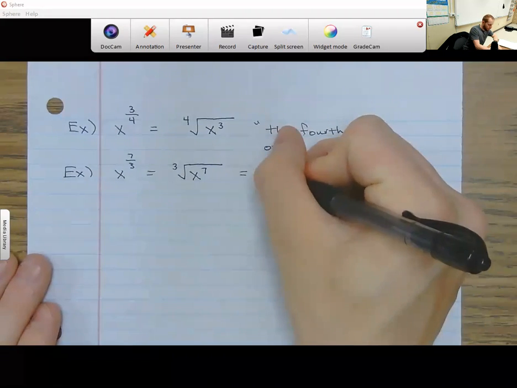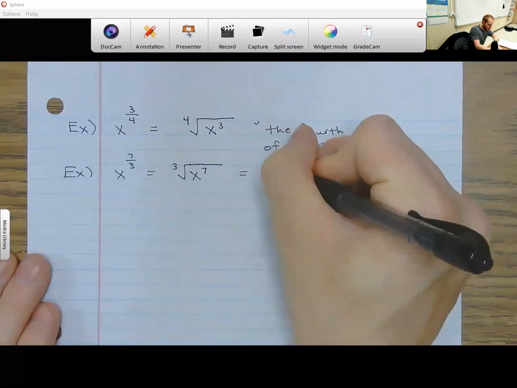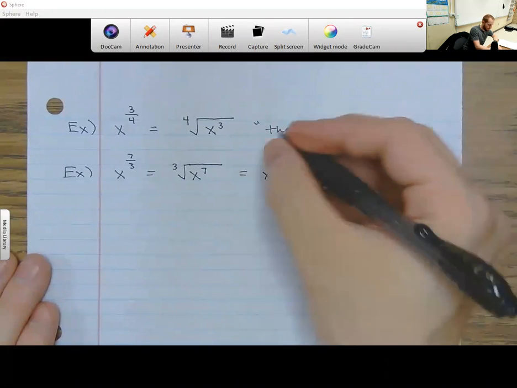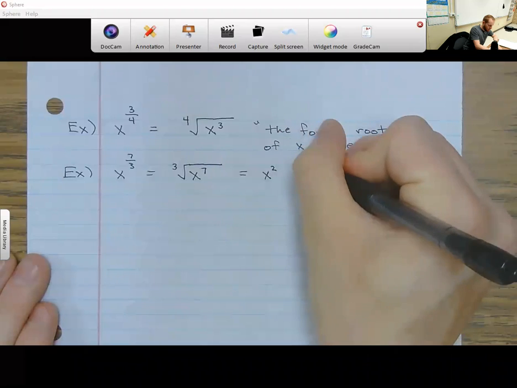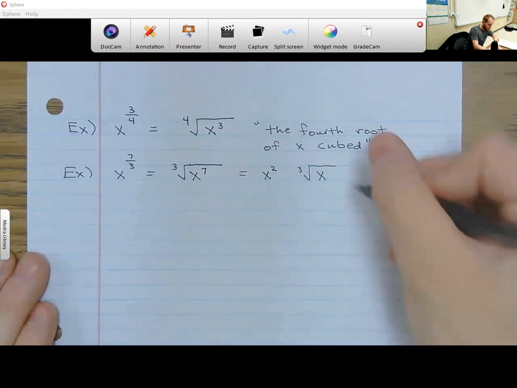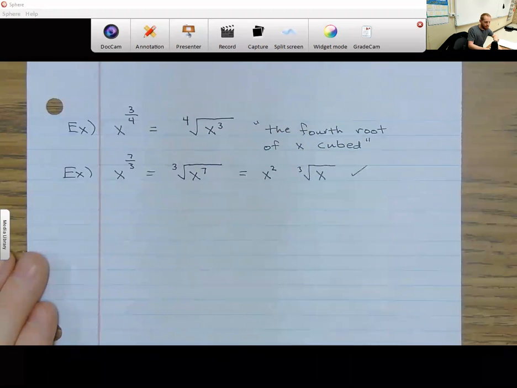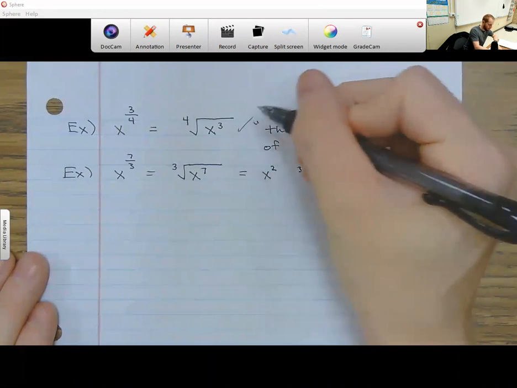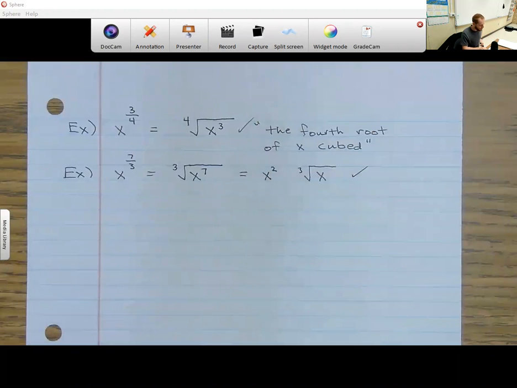So I can take out 2 x's, but I'm going to have a remainder of 1. So there's actually going to be 1 x left inside the radical. And we're done. Let me put a check mark up here too. Okay. So we've got x squared times the cube root of x.